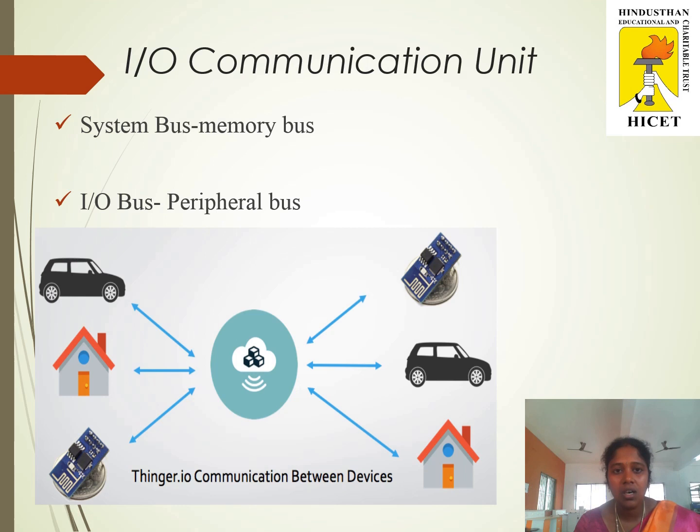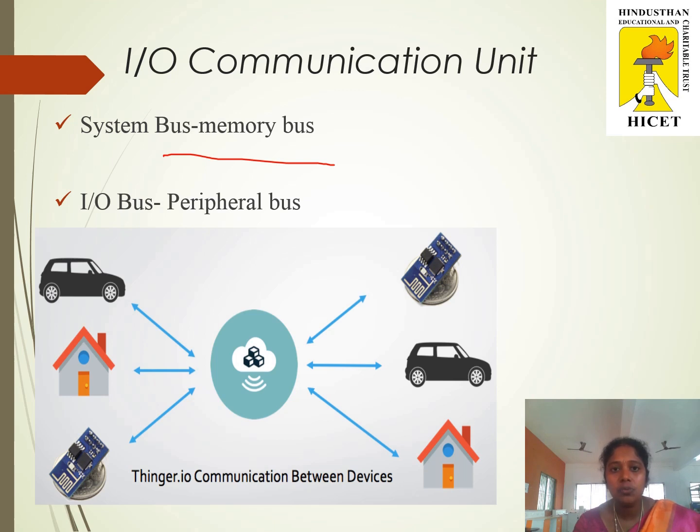The last hardware unit present in an embedded system is the input output communication unit. Communication plays an important role in an embedded system, that is, every output is to be communicated from input devices to output devices. This communication is done by means of buses or drivers. Buses can be classified as system buses and input output buses. System buses are called memory buses.